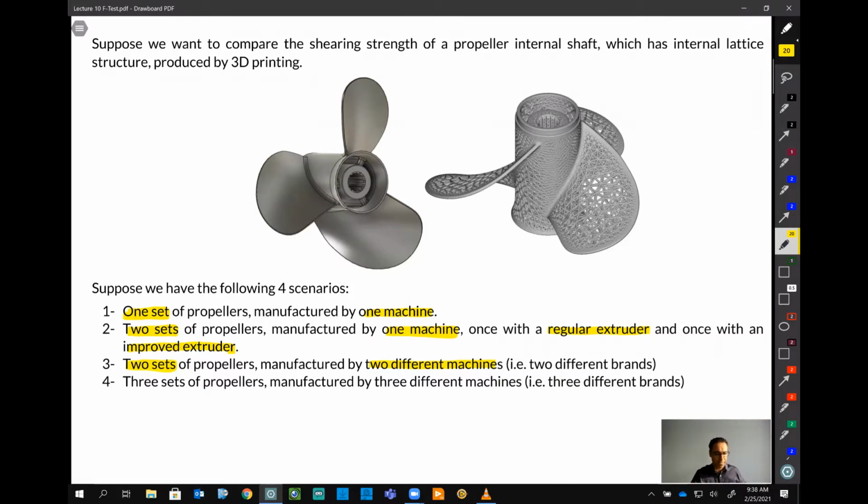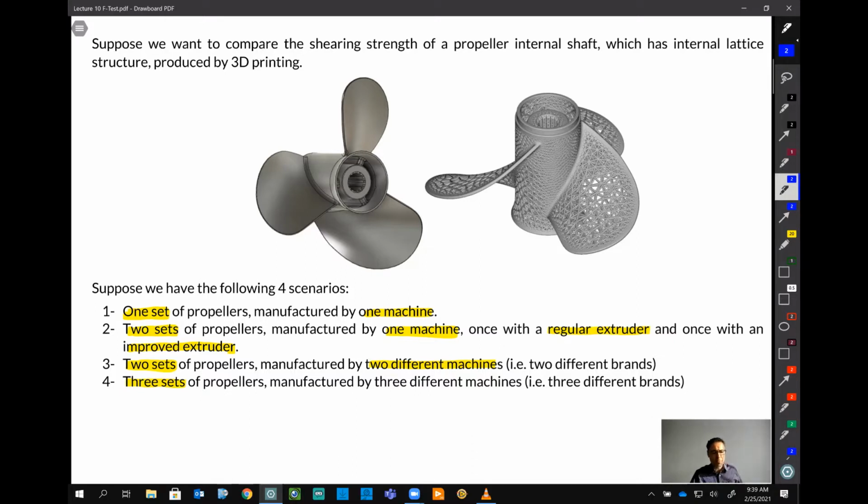Scenario number 4 is exactly similar to scenario number 3, except instead of having 2 sets, here I said 3 sets, but maybe we have scenarios with, let's say, 5 or 10 sets. Let's say we have 10 different brands and we want to test them. But for simplicity, let's stay with 3 sets of propellers. So I hope you now have a good visualization of these 4 scenarios.